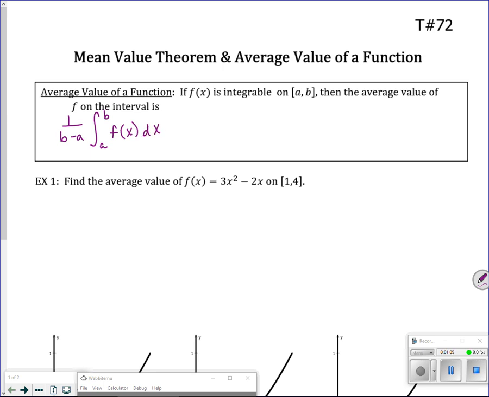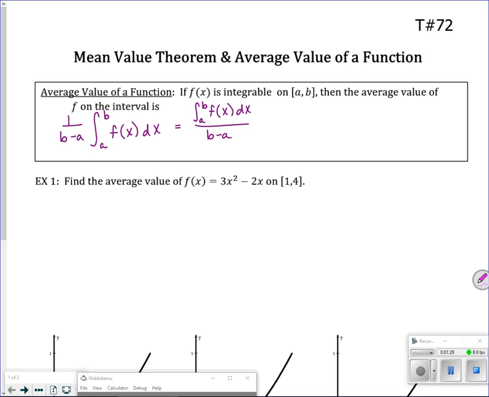Now that's the way it's written in a lot of books. Obviously, I could write that with this integral. I mean, isn't this the same thing if I write it that way? And you know me, I'm a word person.